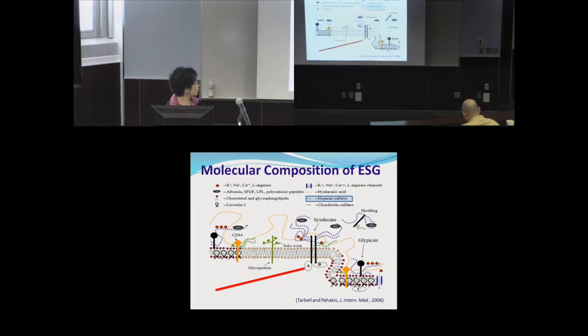The most abundant one is heparan sulfate, but of course we do not show the percentage of each component. So in our case, we want to see if we use an antibody with fluorescein to attach to this heparan sulfate, can we at least tell the thickness of this layer in vivo?